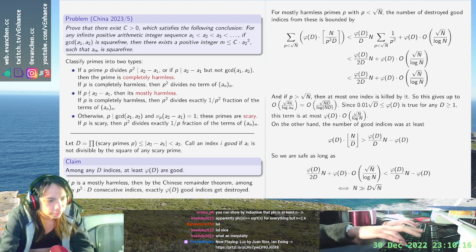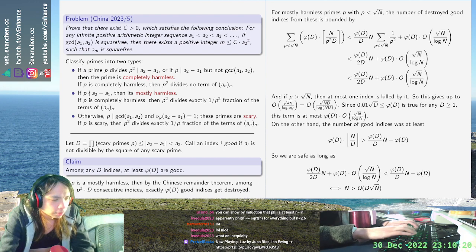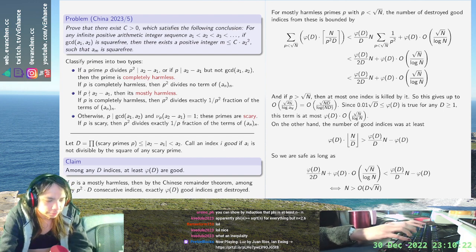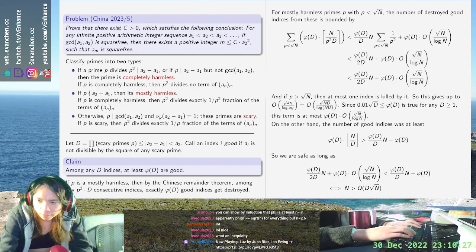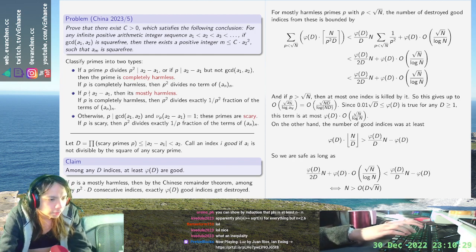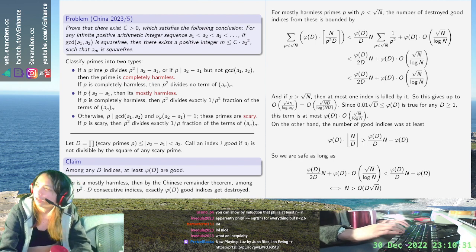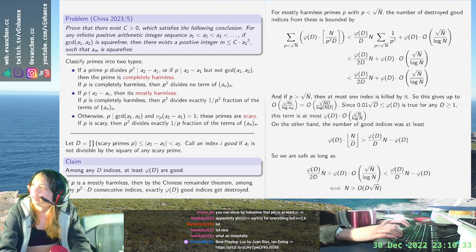Of d root n, which is what we wanted to show. Since a2 is less than d is less than a2. Okay, we did it.